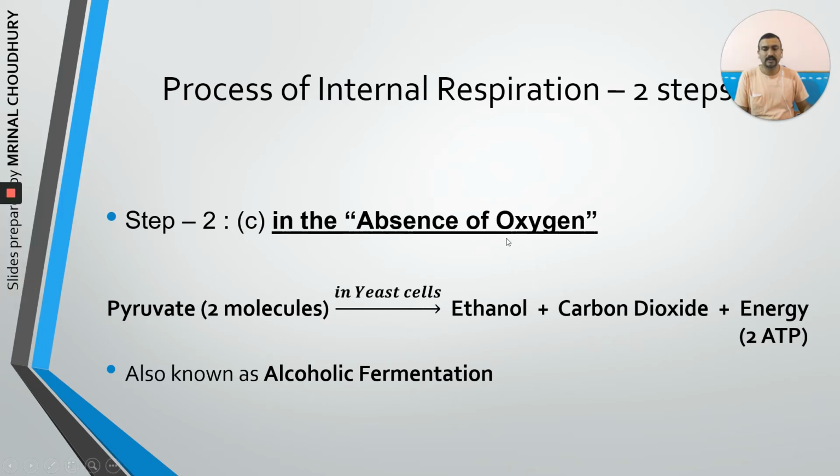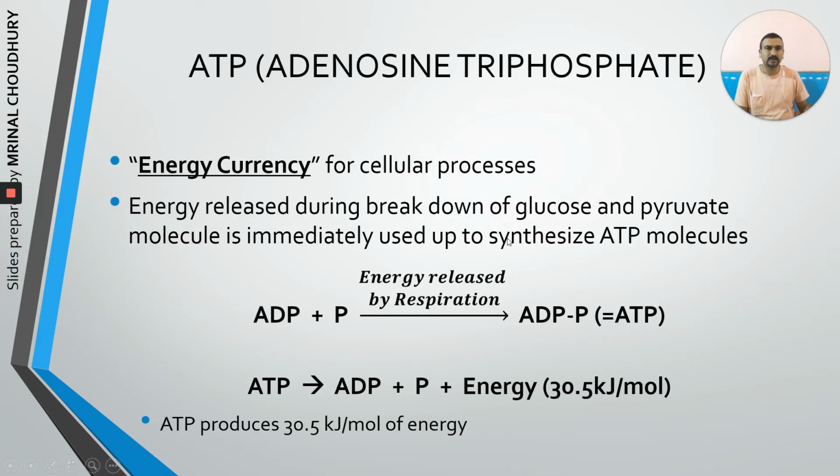Now in this entire process there are ATP molecules which are generated. So this ATP actually stores energy, or we call it energy currency. ATP stands for adenosine triphosphate, and when you break it down, then the energy is released.